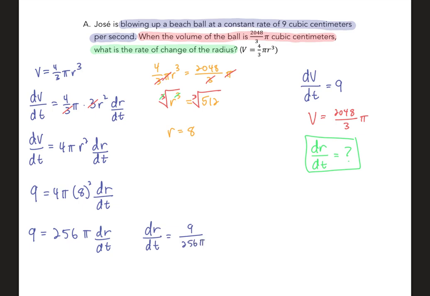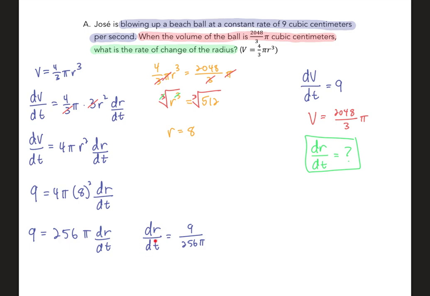Just remember at the last step, make sure you figure out the units. Notice I haven't done units at all. I haven't even thought about units. The only time you really think about units is at the very end. Look at the expression that you're looking for, dr/dt.